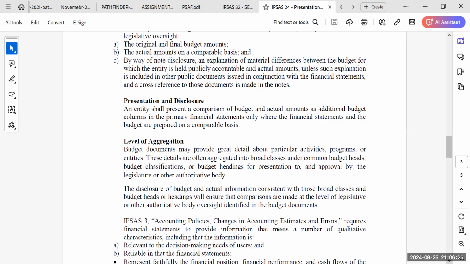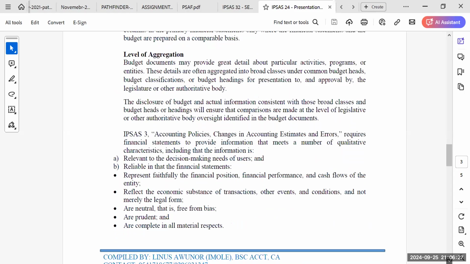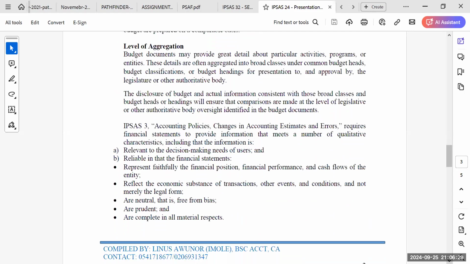Okay, so if you come to IPSAS 3, accounting policy, changing accounting policy, it requires financial statements to provide information that meets a number of qualitative characteristics, including information that is relevant and reliable.